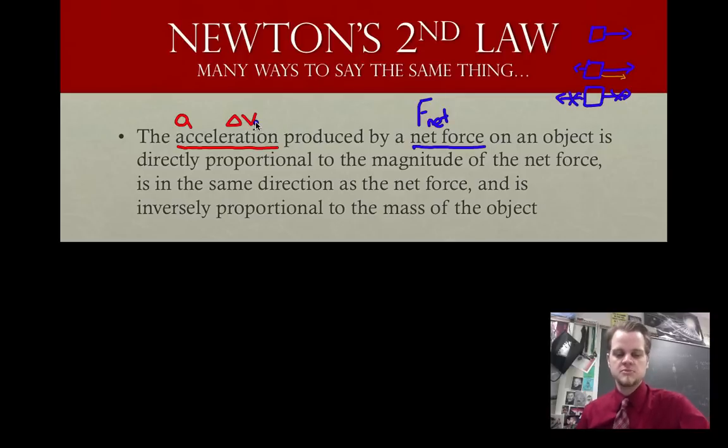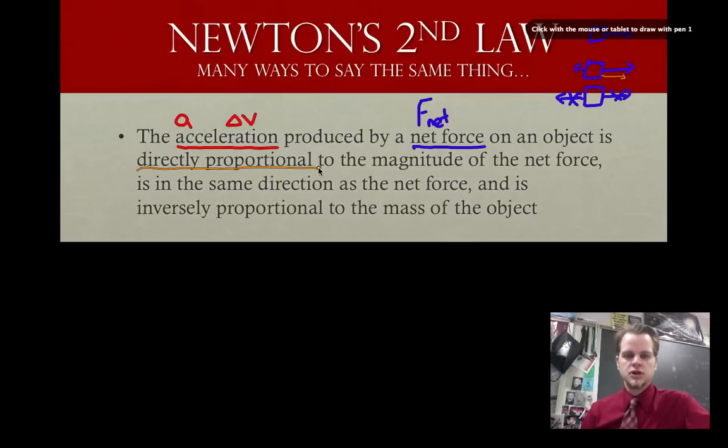All right, that was a bit much, but what we're saying is that the acceleration of an object, how much its velocity changes, is produced by a net force, meaning a force in one direction or another. Now, it is directly proportional to the magnitude of the net force. So here's something to keep in mind. Directly proportional means that as the net force gets bigger, the acceleration gets bigger.